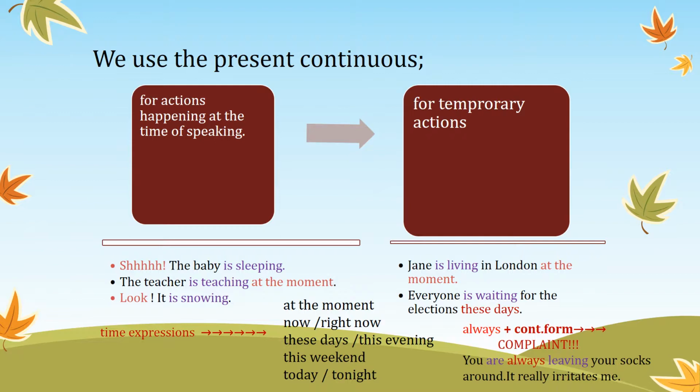We can use always with present continuous tense if we want to express a complaint in our speech. For example, you are always leaving your socks around. It really irritates me. So we may use always with the present continuous tense if we want to emphasize the meaning of complaint. Please do not forget that detail.